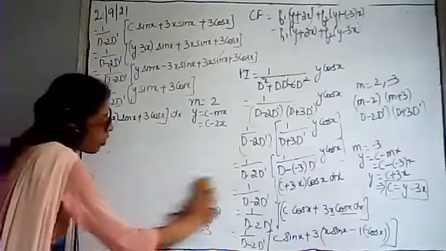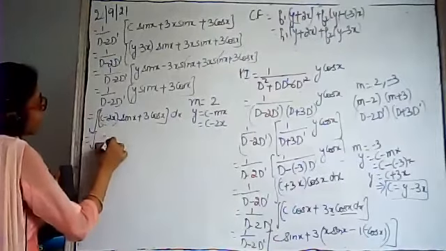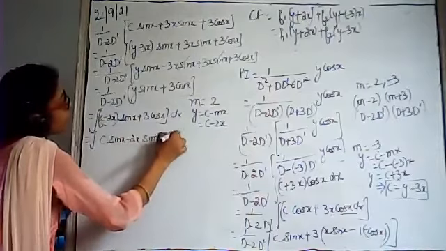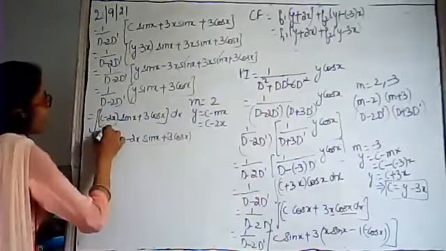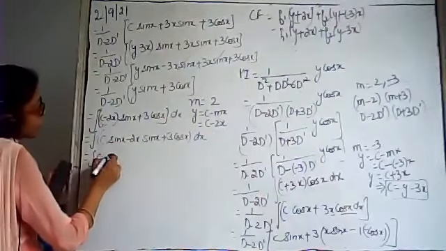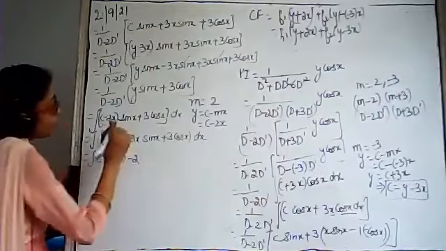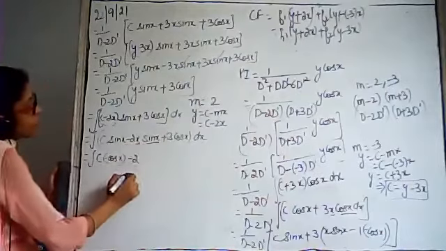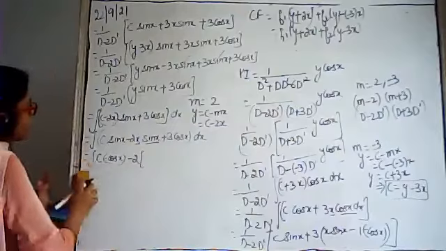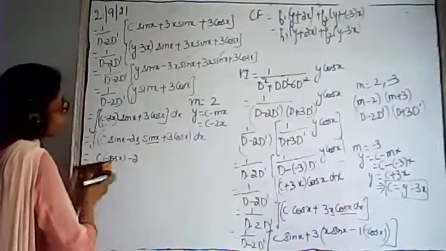So again, open all the brackets and integrate the function with respect to x. It will be c sin x minus 2x sin x plus 3 cos x, and outside the bracket it is dx. Again integrate. Integration of sin x will be minus cos x, minus 2. Again this is the first function, this is the second function, it will be x, we are integrating it, so it will be minus 2.